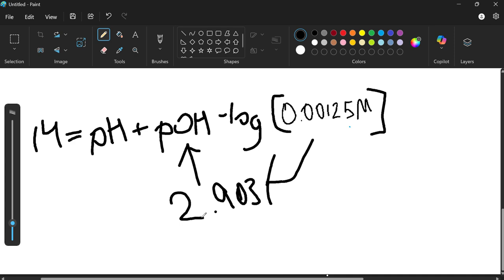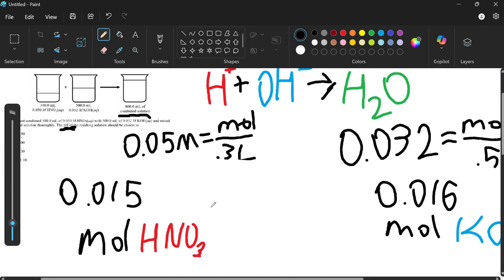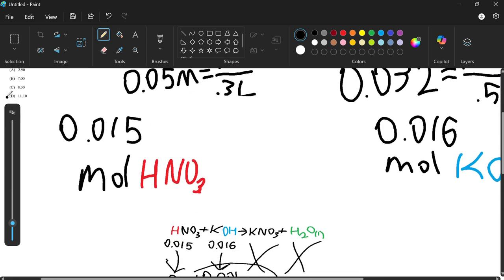It would give me approximately 2.903, and then what I would do is subtract 2.903 on both sides, and then that will eventually give me like 11.1. Oh, that was awful. Wait 1 second. It gives me 11.1 equals pH. And so now, as we scroll back up, notice that 11.1 is D.